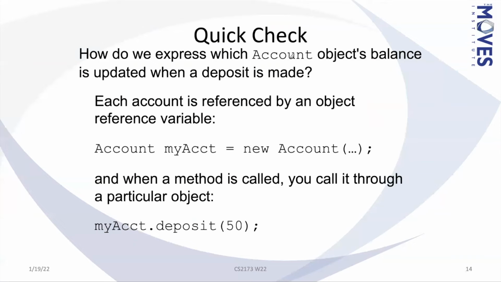Okay, and so how do we know which account's object is updated? Well, because that's the object that it was called on. So every object is referenced by an object reference variable. So in this case, my account, and then when you call it from the outside, then you have object dot method.